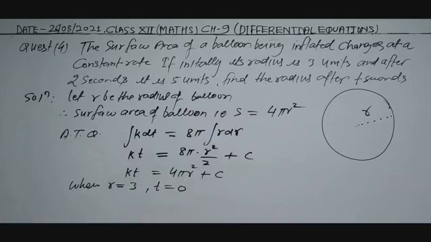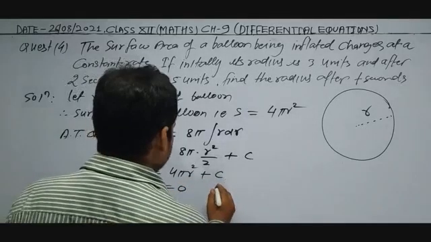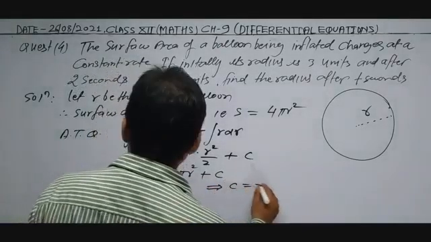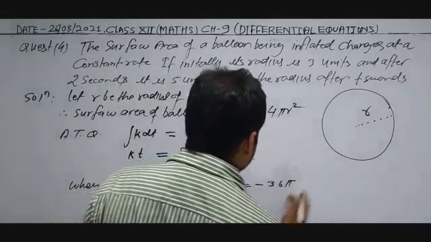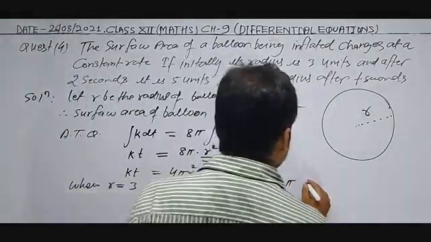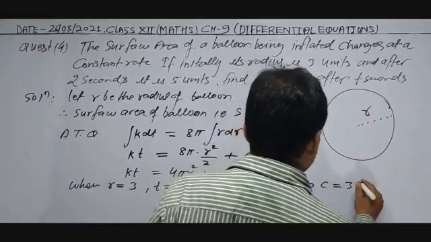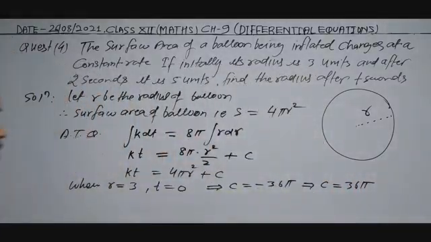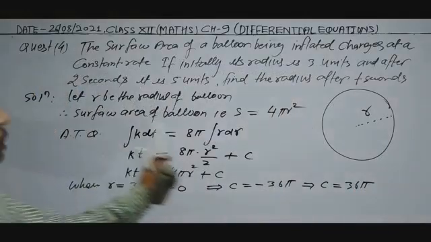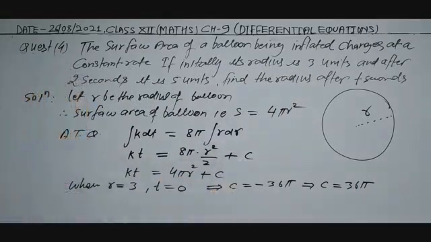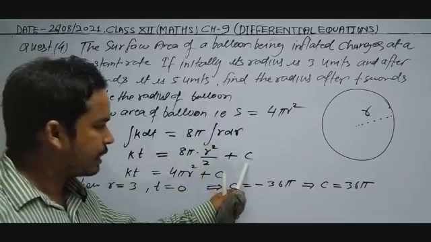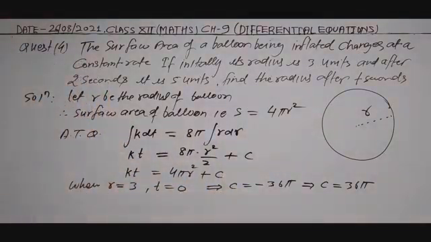So c will be equal to minus 36 pi. That is, 0 equals 36 pi plus c, so c is equal to minus 36 pi.